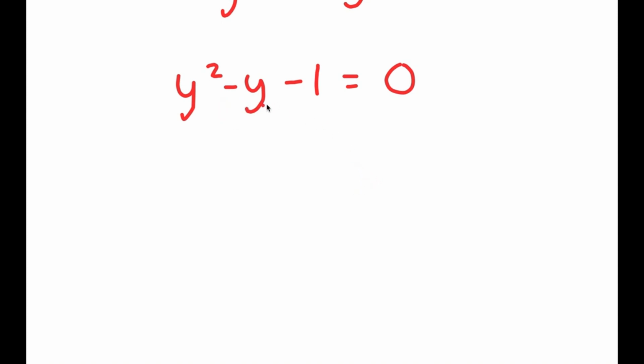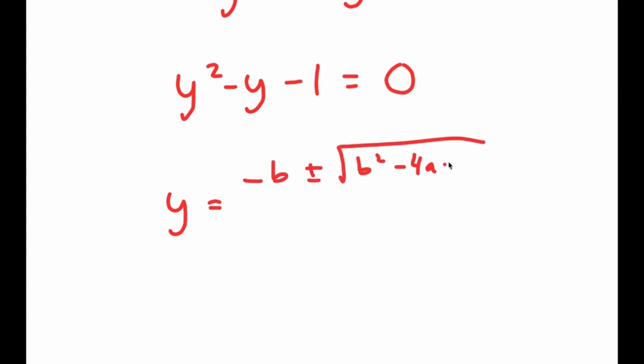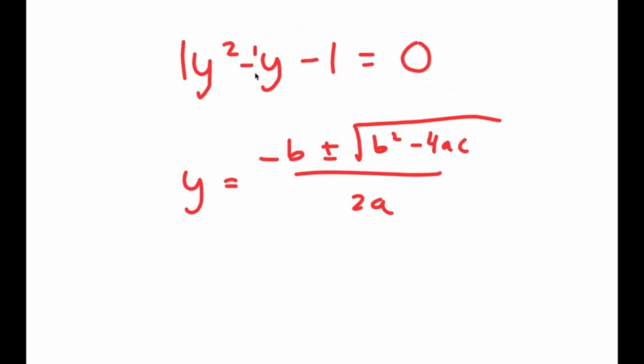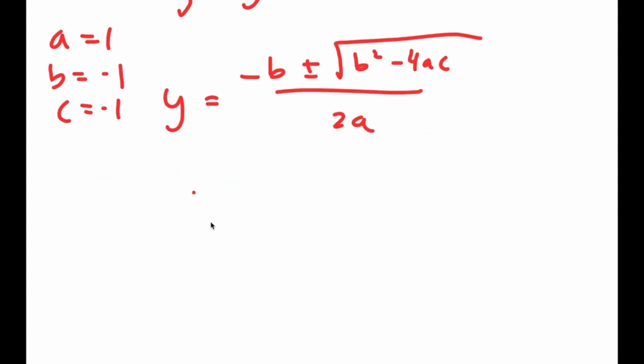Now, what we have here is a quadratic equation. And to solve this, I'm going to be using the quadratic formula, which is negative b plus or minus the square root of b squared minus 4ac all over 2a. So in this case, I'm going to look at the coefficients. a is 1, b is negative 1, and c is negative 1.